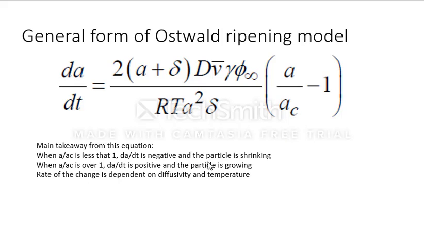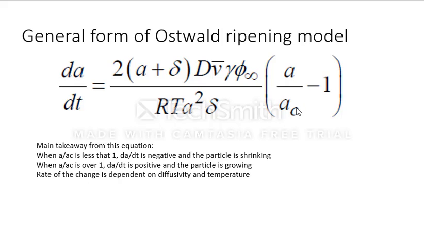So the main takeaways from this equation are that when a over a_c is less than 1, da/dt is negative, and the particle is going to be shrinking over time.